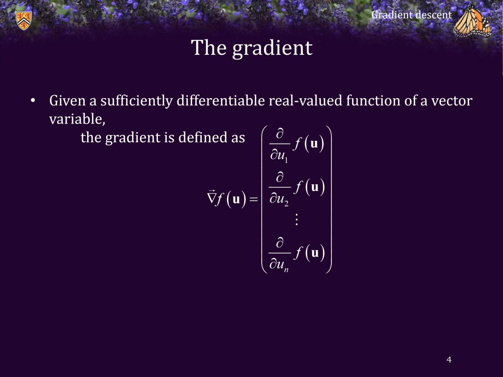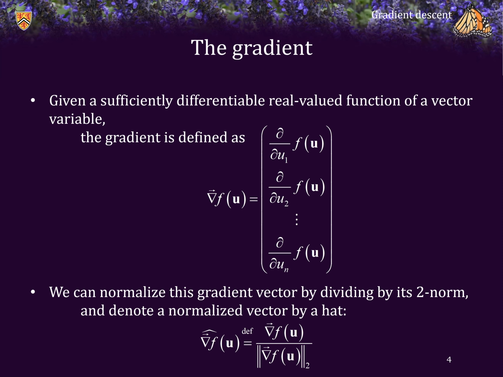So for a sufficiently differentiable real valued function of a vector variable, we may define the gradient as a vector that consists of the partial derivatives of that function with respect to each of the dimensions of the vector.